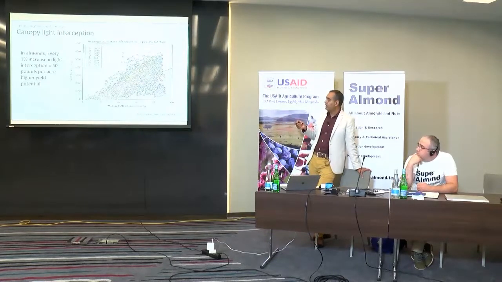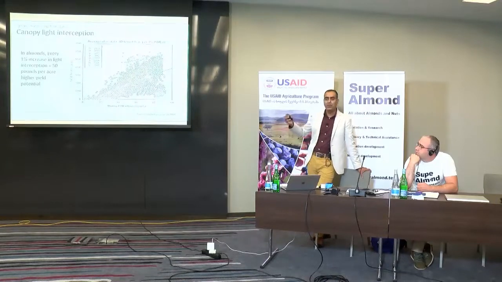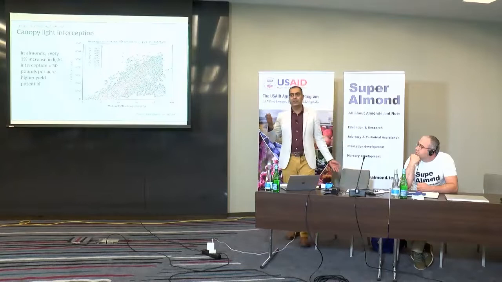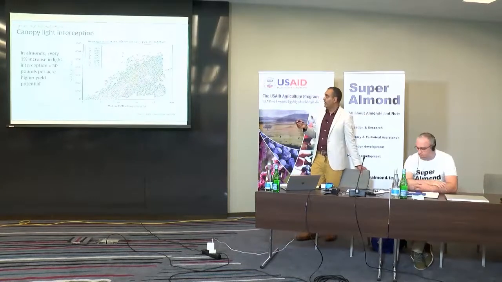So as you increase the canopy light interception up to 80%, the yield increases all the way from 0 in the young trees to 3,000 or 3,500 pounds per acre. So 3,000 would be right around 3,400 kilograms per hectare.